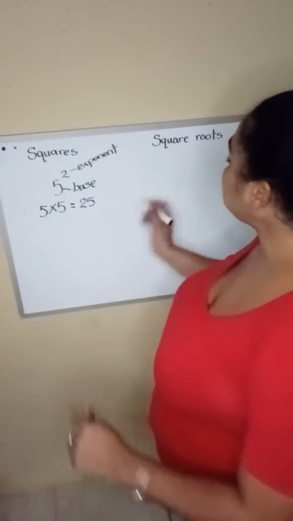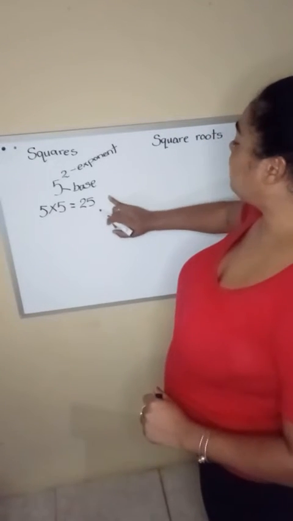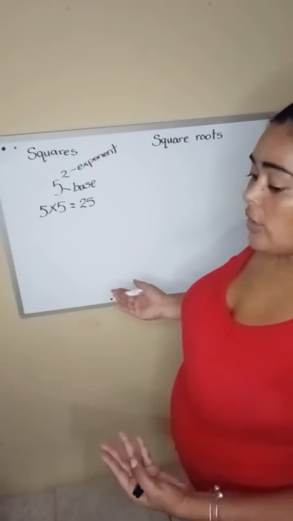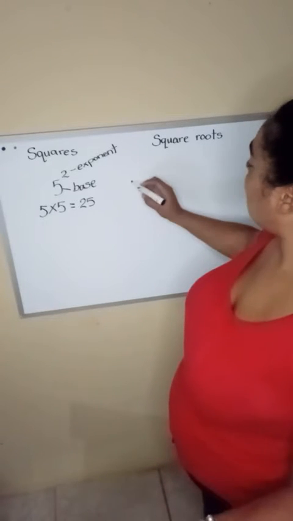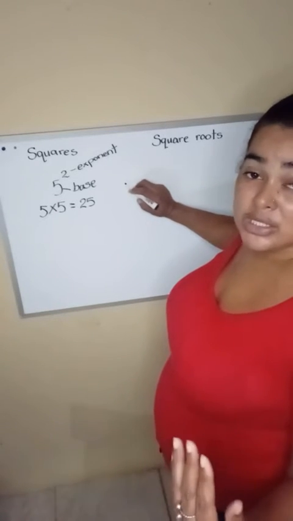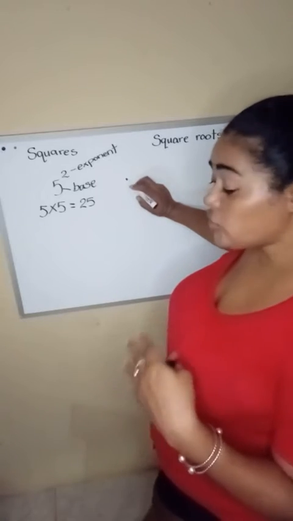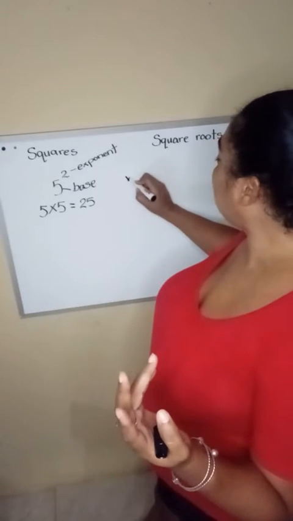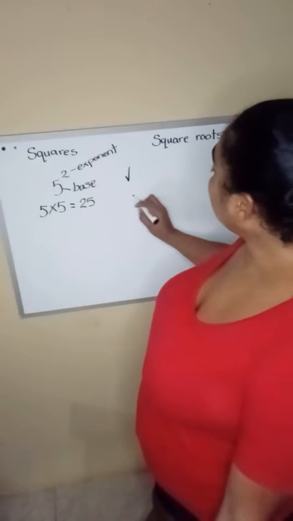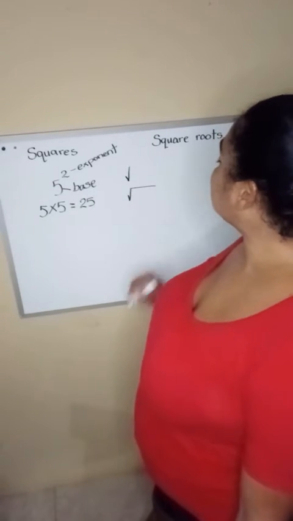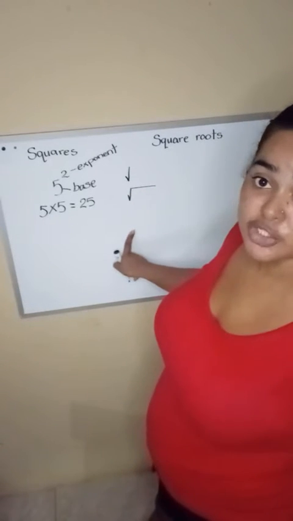Okay? So now the square root now is the opposite of squares, right? Now when you hear the term square root, there's a specific symbol for square root. There's 2 actually, depends. There are some computers or devices that only has this for the symbol. There's some that has this for the symbol for square root.